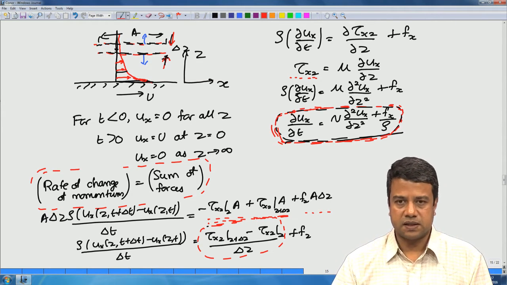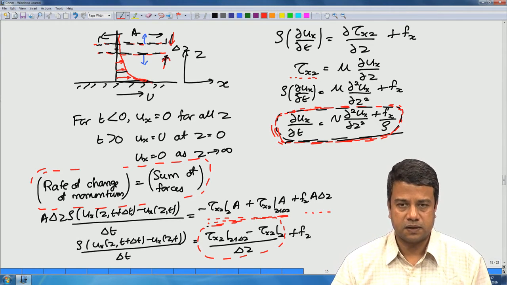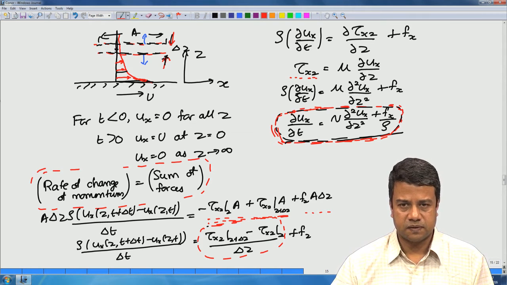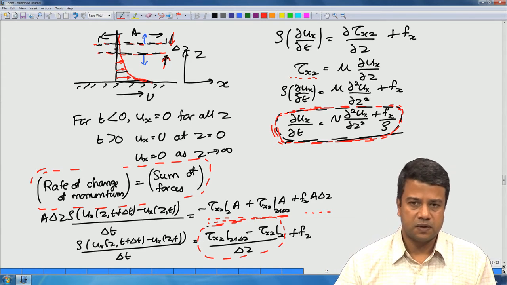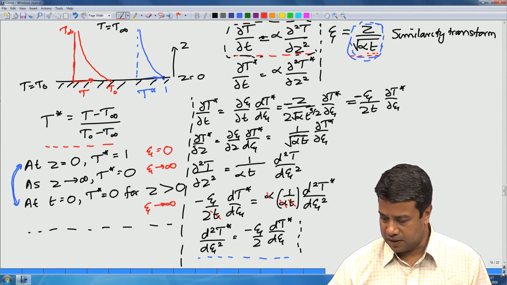These are all source densities, the increase per unit volume per unit time, or the body force is the force per unit volume. We use slightly different formulations for momentum transfer in comparison to mass and heat transfer, but we got the same equation.